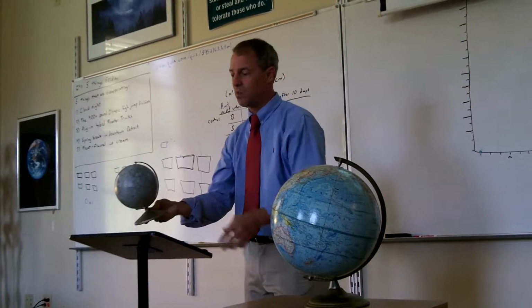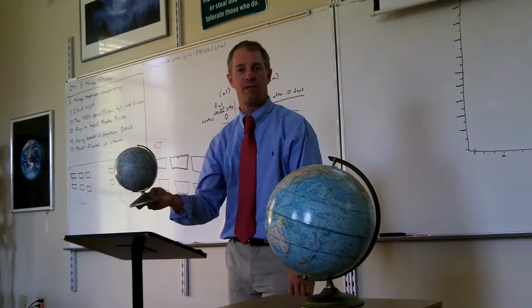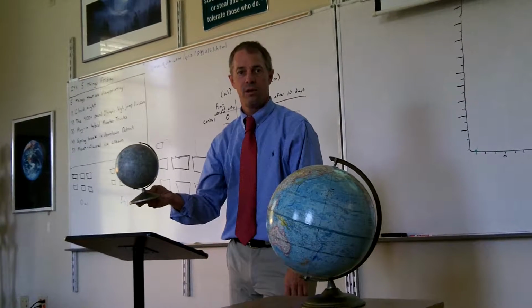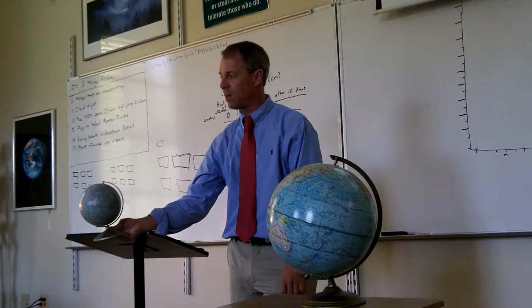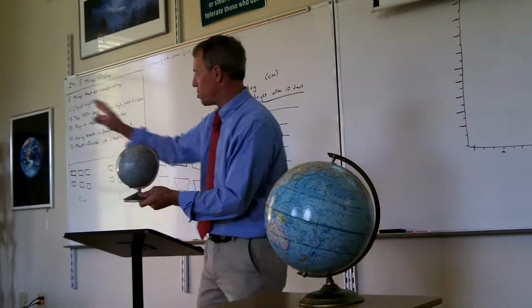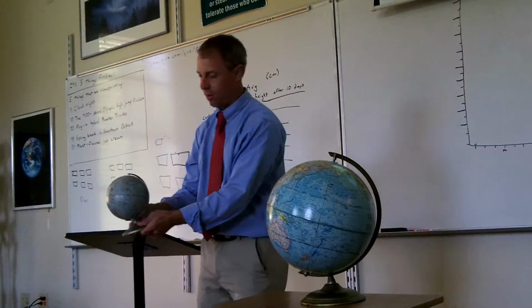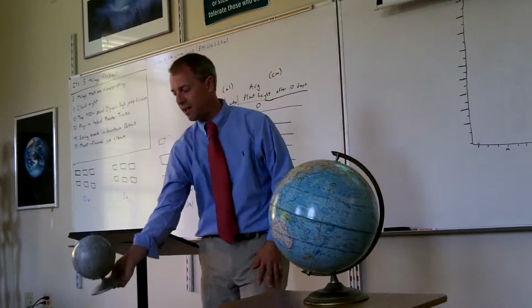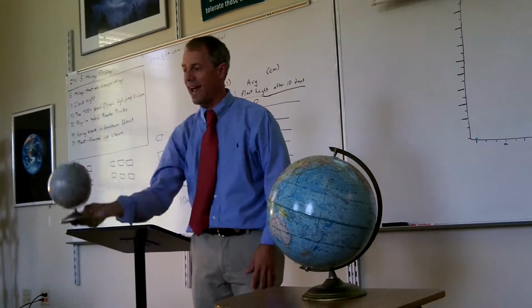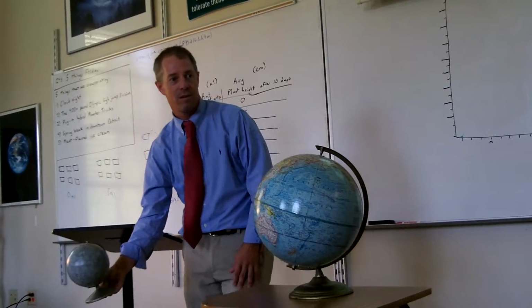If the moon were in this position, you know what we would call it? It wouldn't be a full moon. You know what we would call it if the moon was over here? An eclipse. Sun, moon, Earth. Not necessarily an eclipse, because the moon could be too low. A new moon.